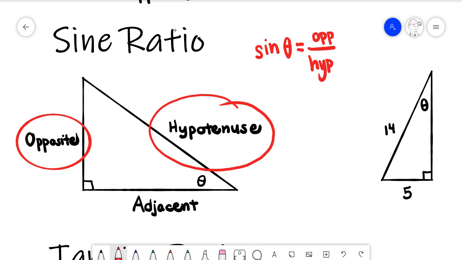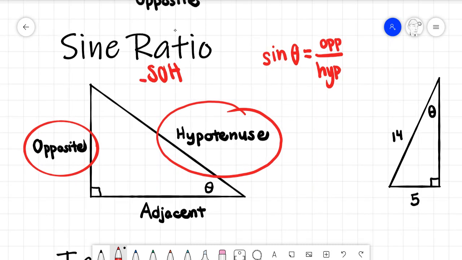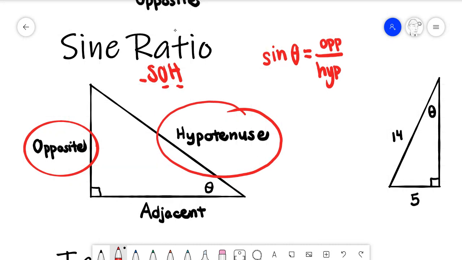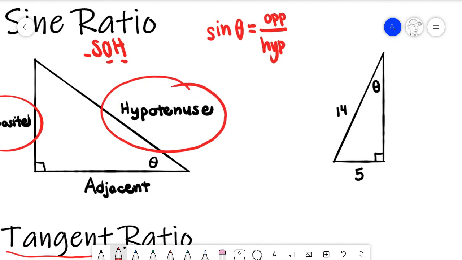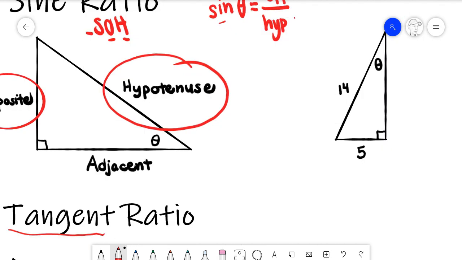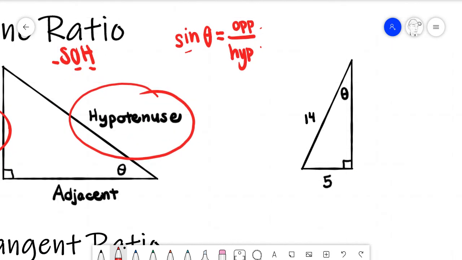Right, SOH-CAH-TOA: sine, opposite, hypotenuse. So that's your formula there. It's pretty much the same as tangent, except you have your sine symbol and different sides you're going to use. It's pretty much the same process. So let's try this example here.